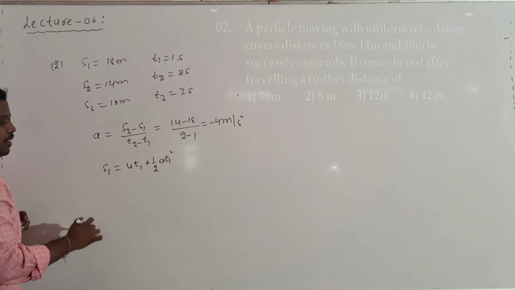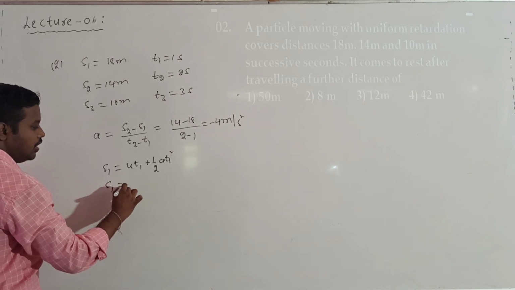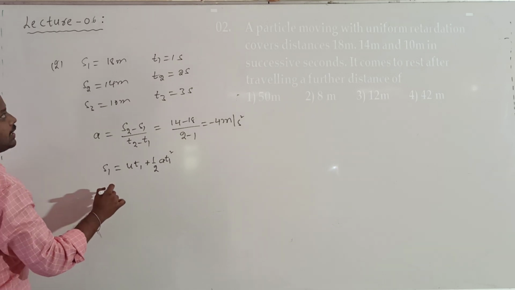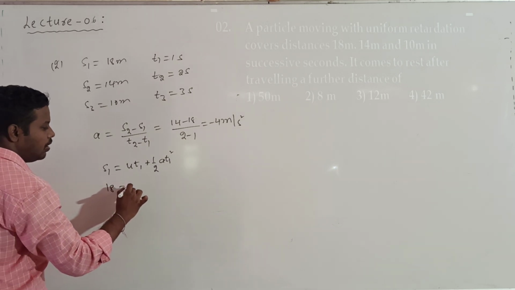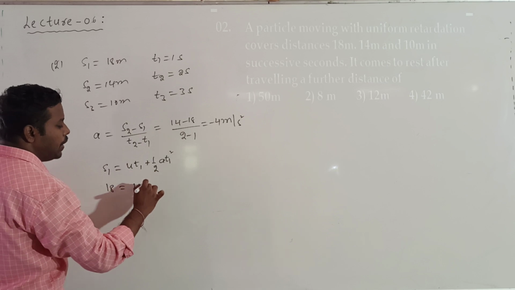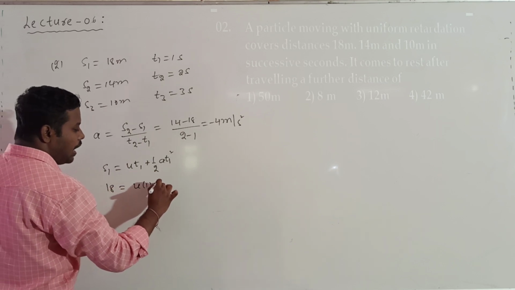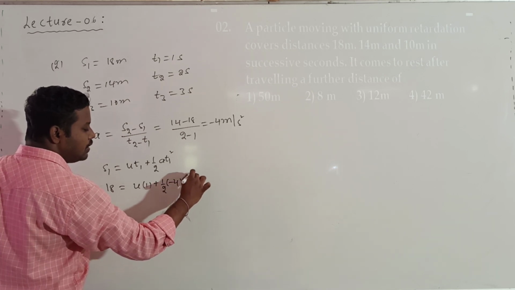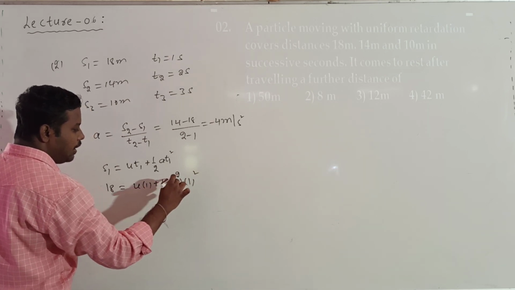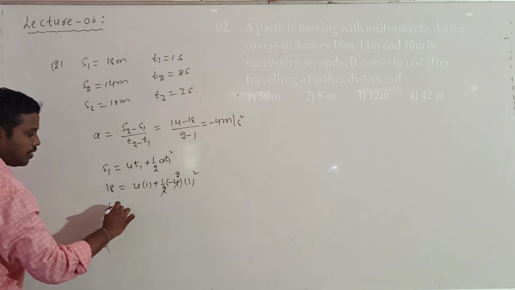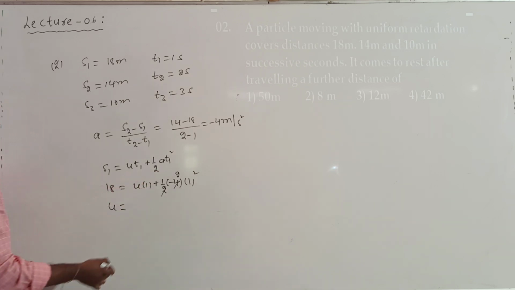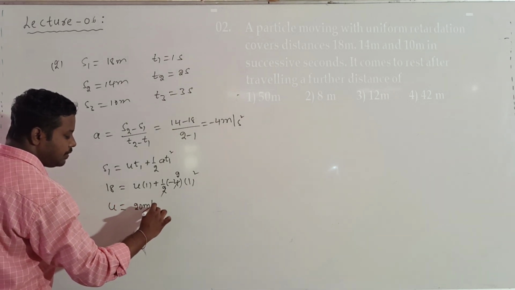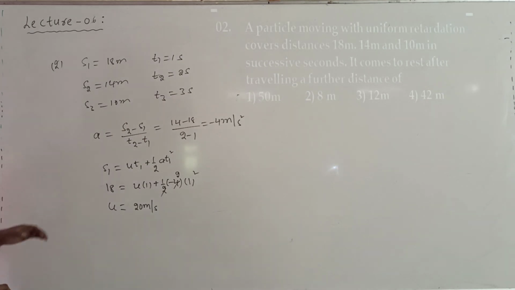The S1 value I already know, and now I want to calculate u. So 18 is equal to u into t1 value 1 second plus half into a value minus 4 into t square value 1 square, which is minus 2. Then the answer for u is 18 plus 2, that is 20 meters per second. This is the initial velocity of the body.